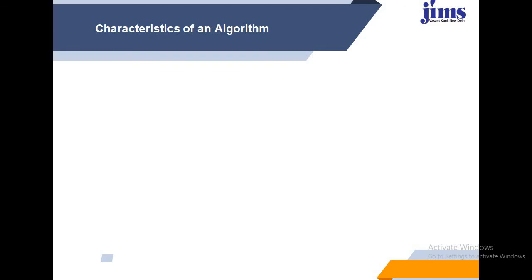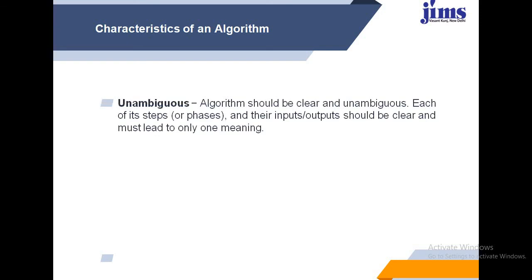So see, first is unambiguity. Algorithm should be clear and unambiguous. Each of its steps and their inputs and outputs should be clear and must lead to one meaning. It means every step should be clear. There should be no ambiguity. So this is the first characteristic.